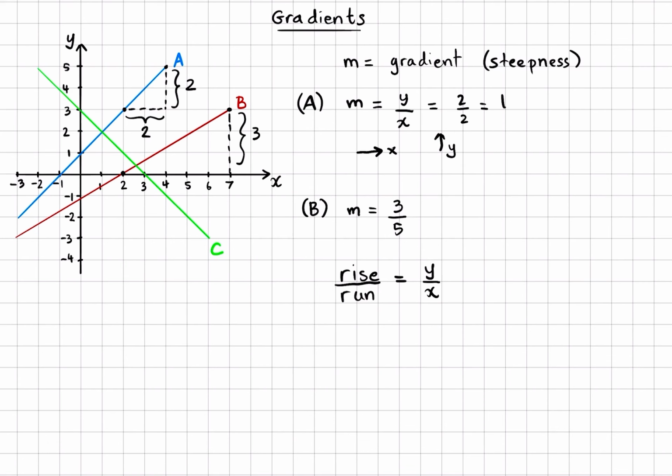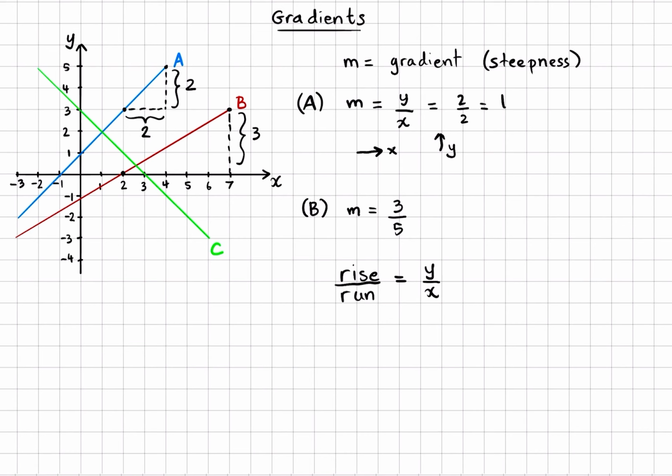The answer is that line C is moving downwards, not upwards. And that matters because we need our gradient to tell us how far up or down we're going when we move forward on X, right?